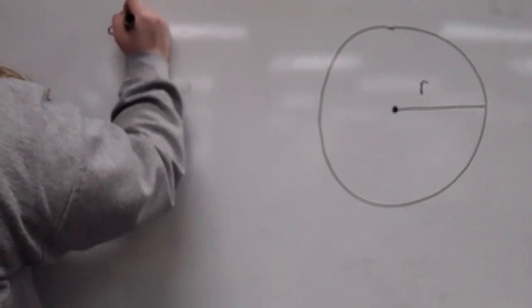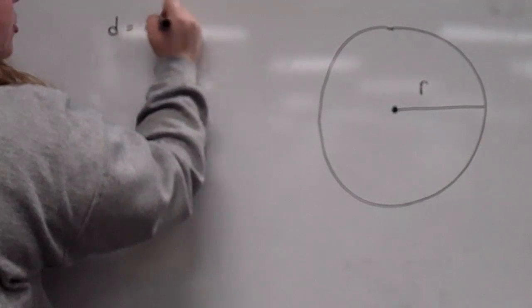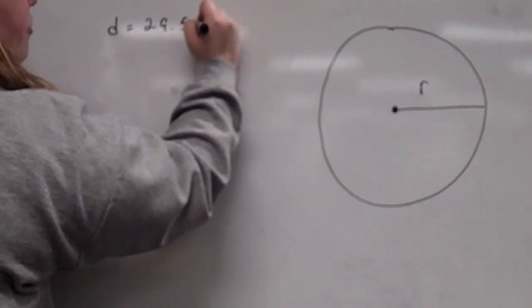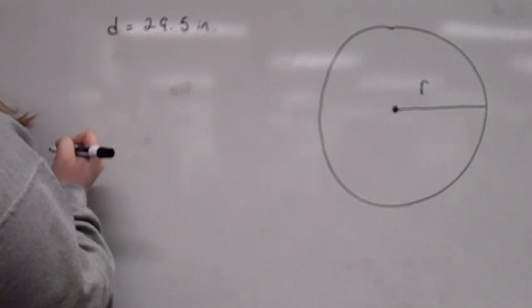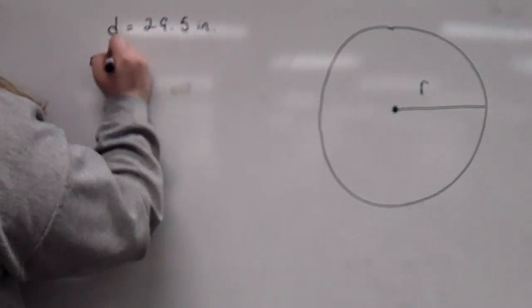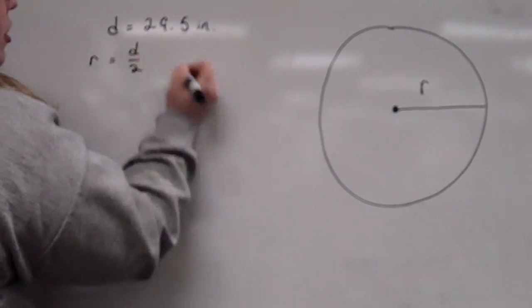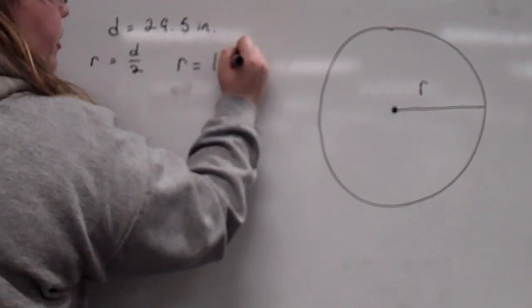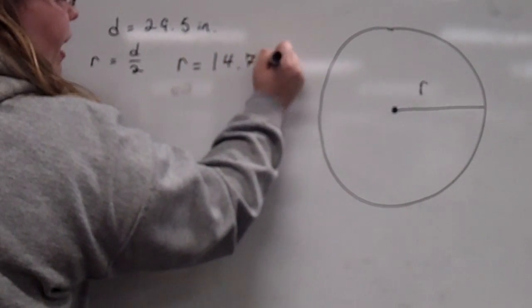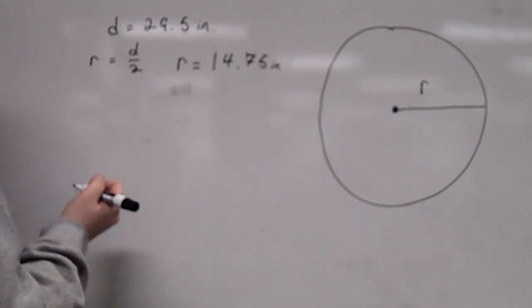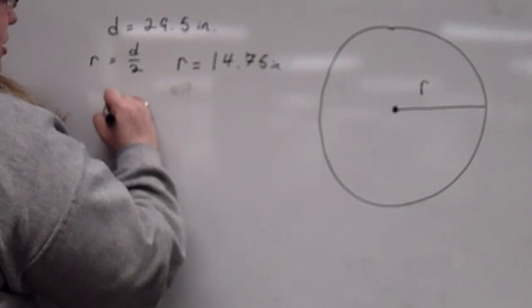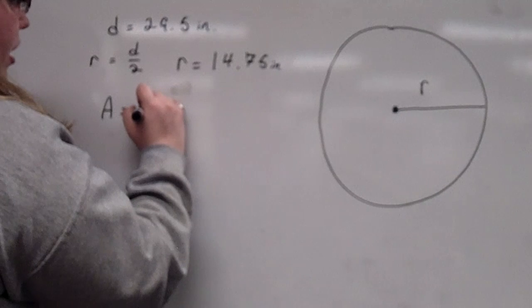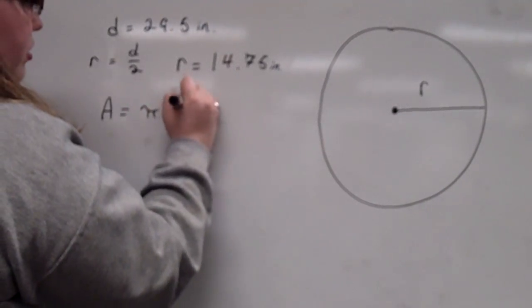We found the diameter of the circle was 29.5 inches. We know that radius is diameter over 2, so using a calculator I found that radius of the circle is 14.75 inches. The area of a circle is defined by pi r squared.